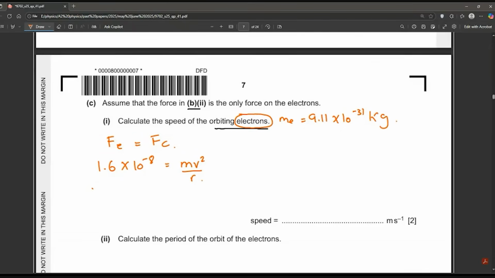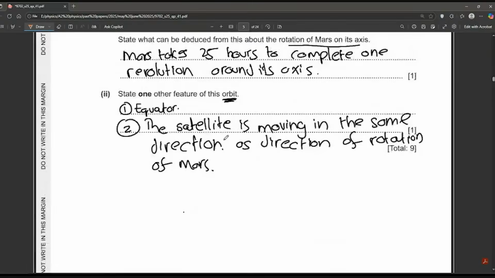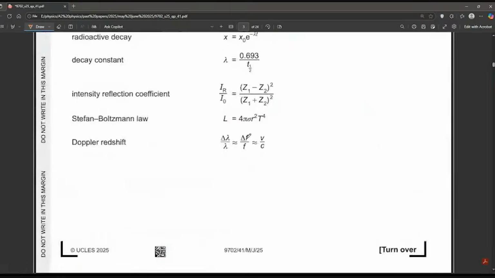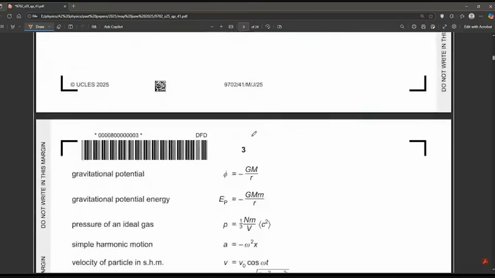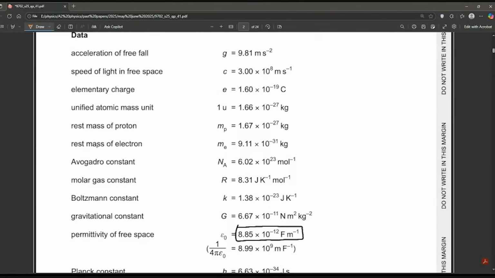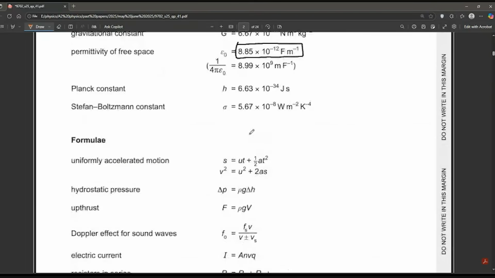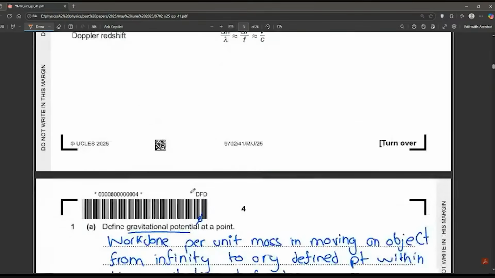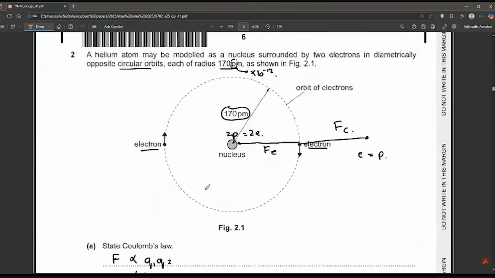Now if you forget the mass of electron, what will you do? Go up, up, up. Here you have it. Rest mass of an electron. Simple. 9.11 into 10 raised to the power of minus 31, written here.